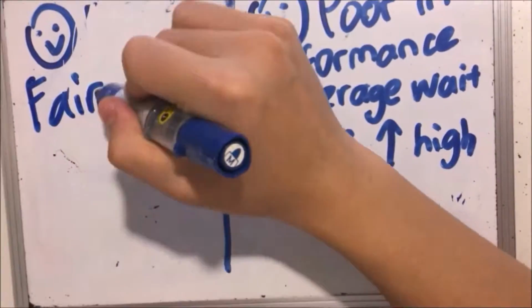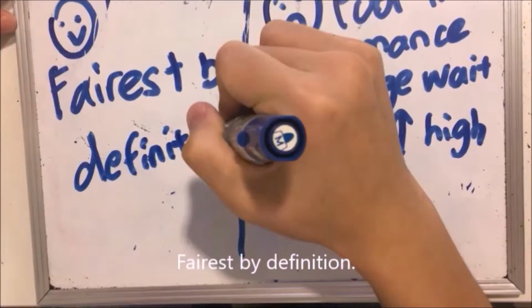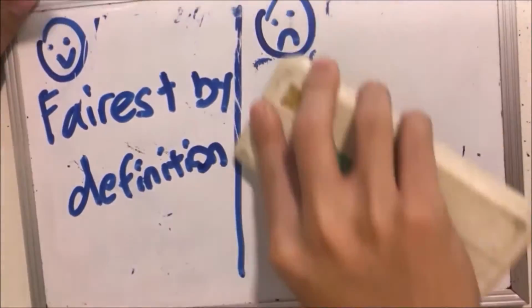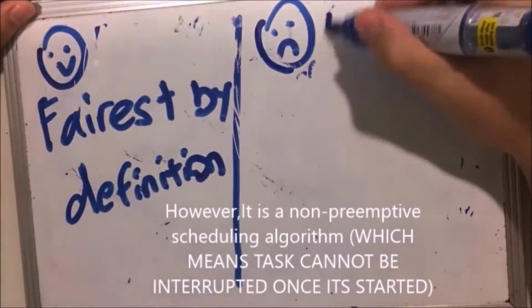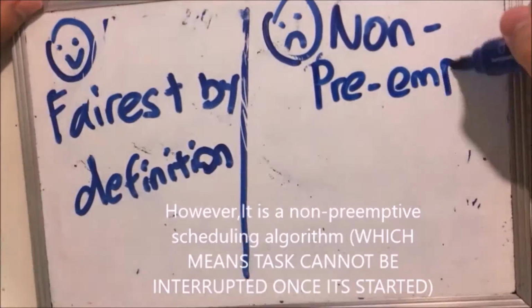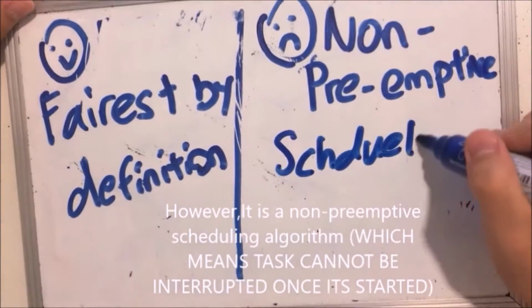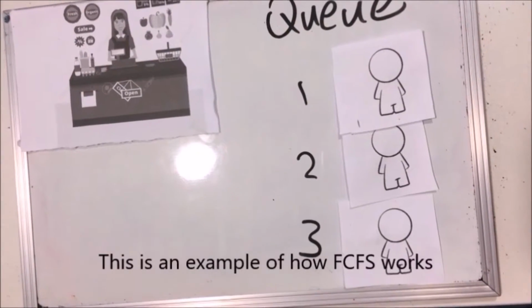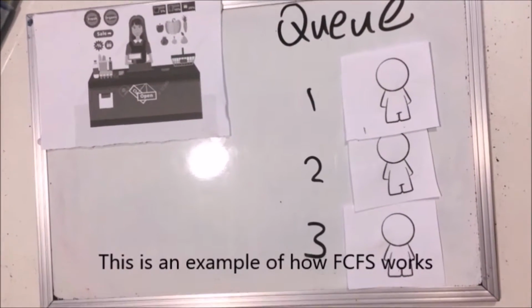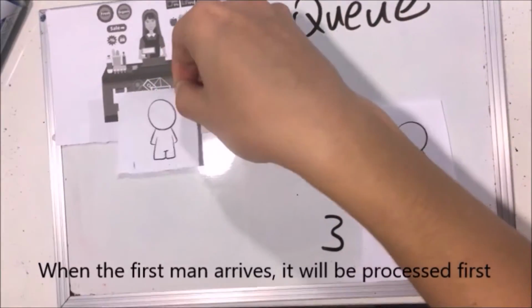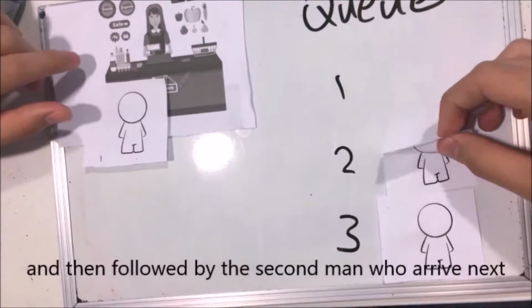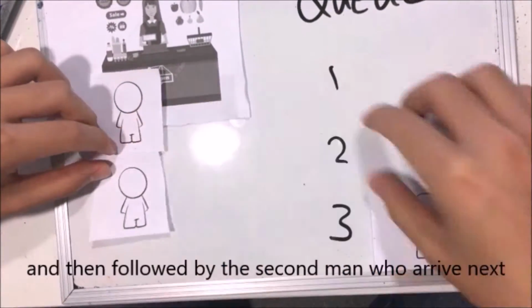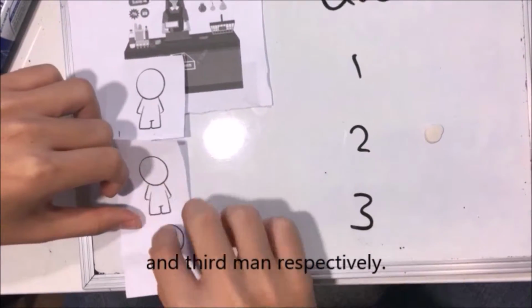It's very fair by definition. However, it's a non-preemptive scheduling algorithm, which means that tasks cannot be interrupted once started. This is an example of how first come first serve works. When the first man arrives, he will be processed first, followed by the second man who arrives next, and the third man respectively.